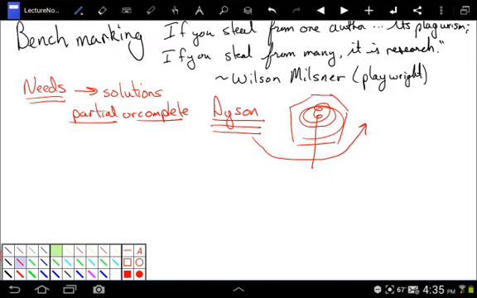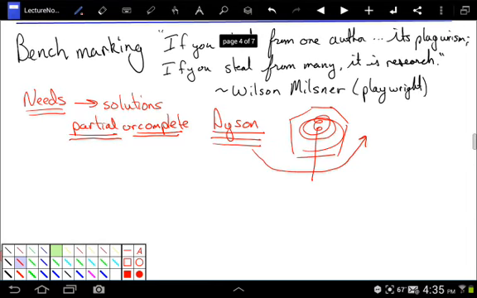So the point is that for any solution in any industry, partial or complete, we need to figure out if there are solutions out there and if we can learn from them, right? We like to think of design as this creative process. I mean, it is a creative process.